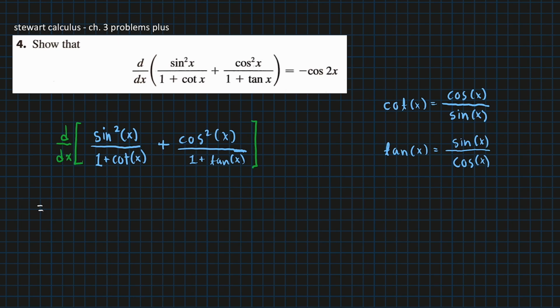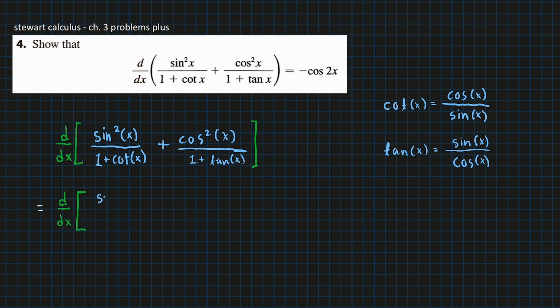So this is equal to the derivative of, and the reason we're trying to simplify it first is that it'll be a lot easier to take the derivative of it if we do that first.